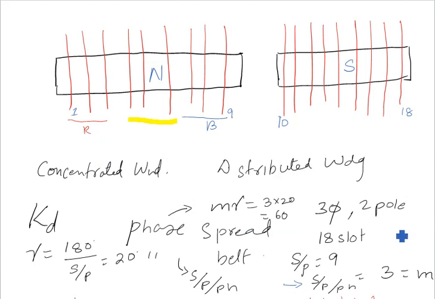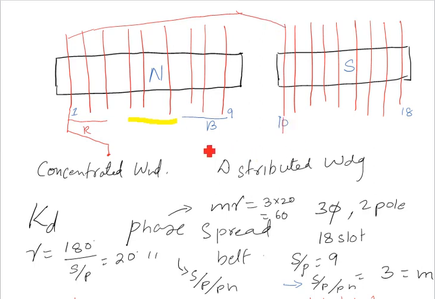Now what I am going to do is construct one distributed winding. I will discuss the concentrated winding later. Distributed means the winding is distributed over all the areas. So for the distributed winding, I will take the output of one phase, the R phase, like this, and it goes to the first conductor, then to the 10th conductor.